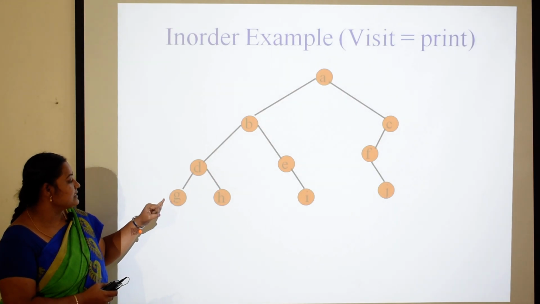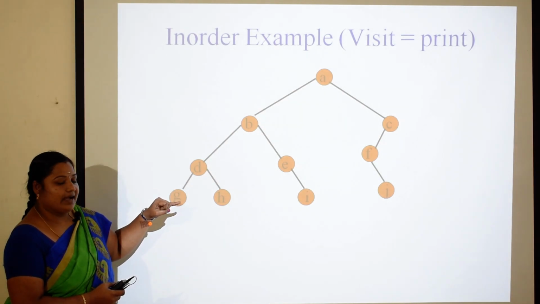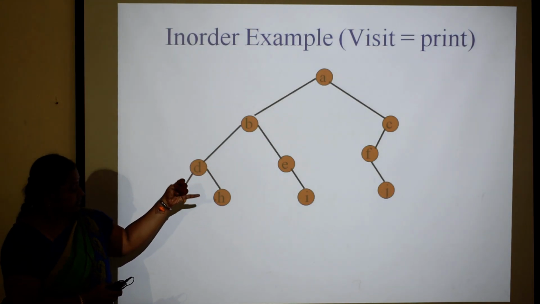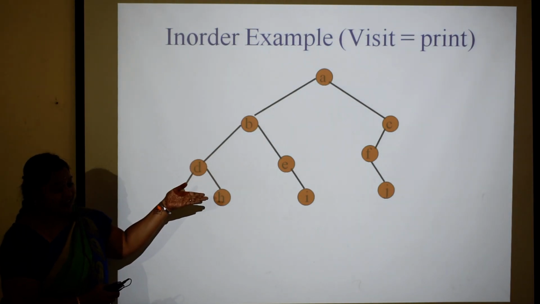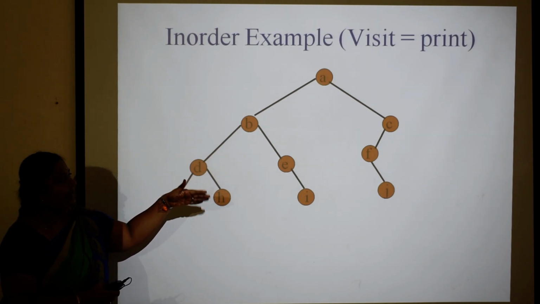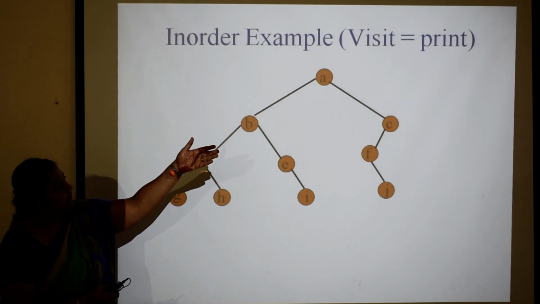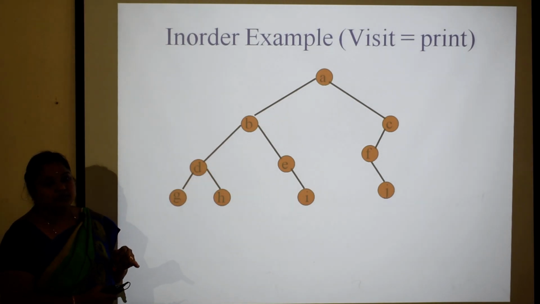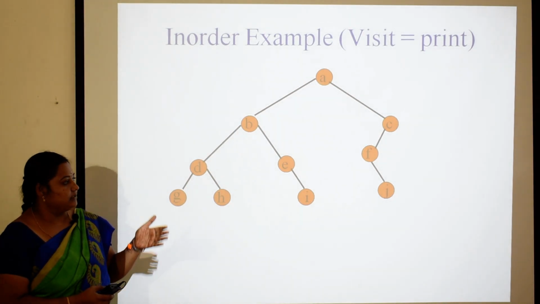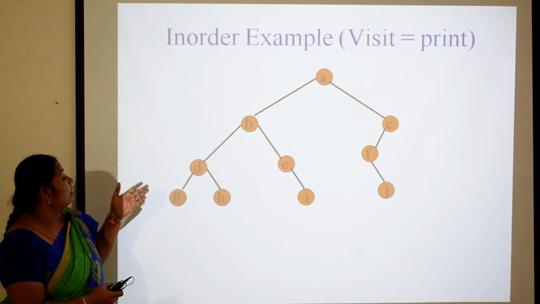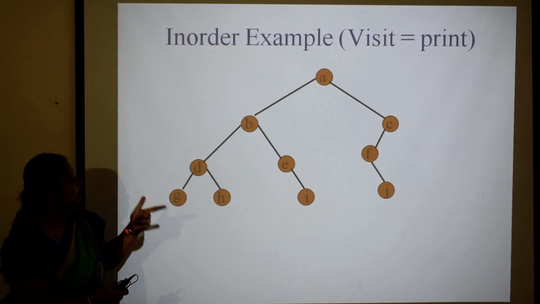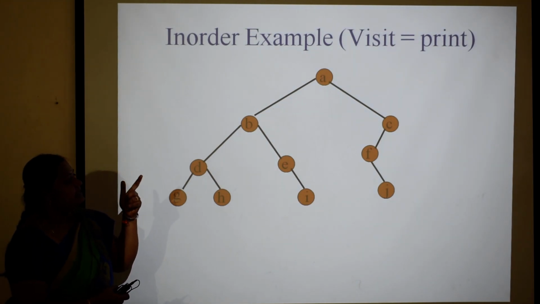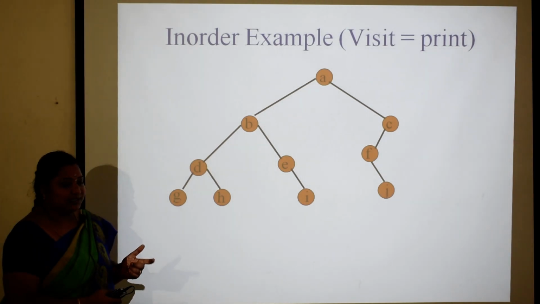So first it prints G, then D, then H. After that it prints B, E. If there is no left child, it prints I. Then it goes to the root node, then to the right, then left of right. After in-order traversal, the printed order will be G, D, H, B, E, I and A, C, F, J.